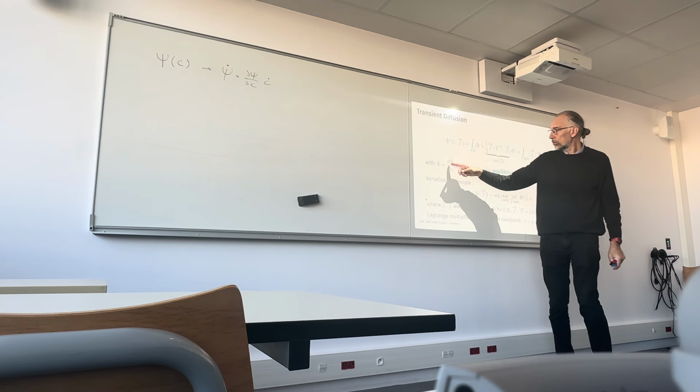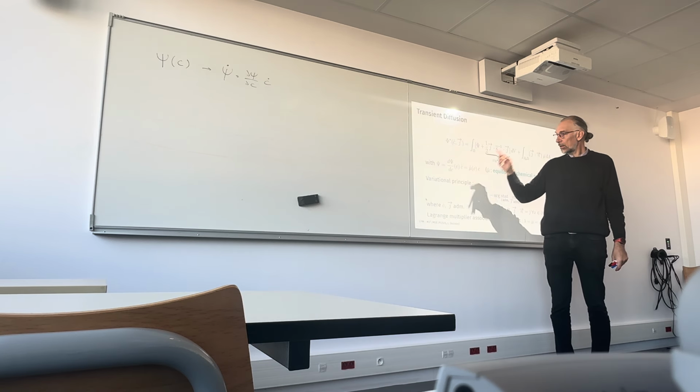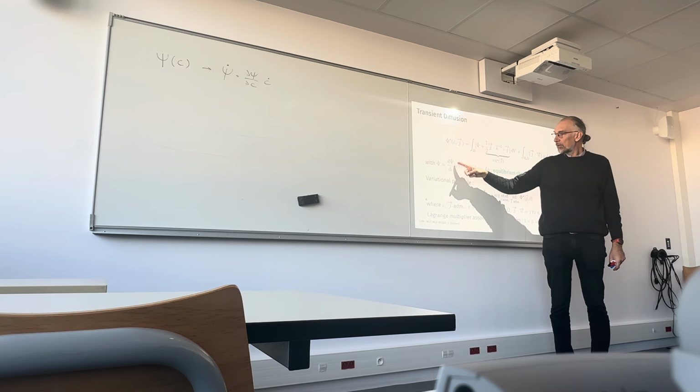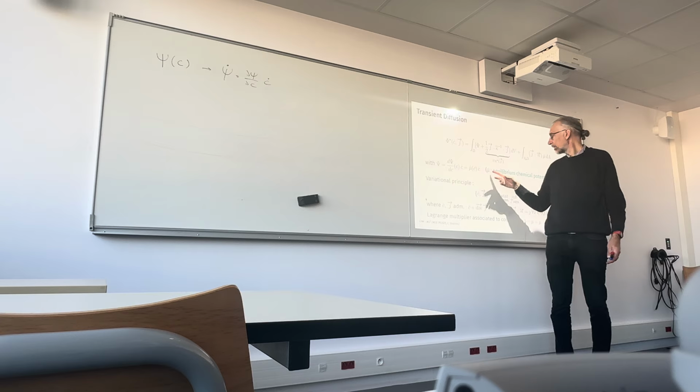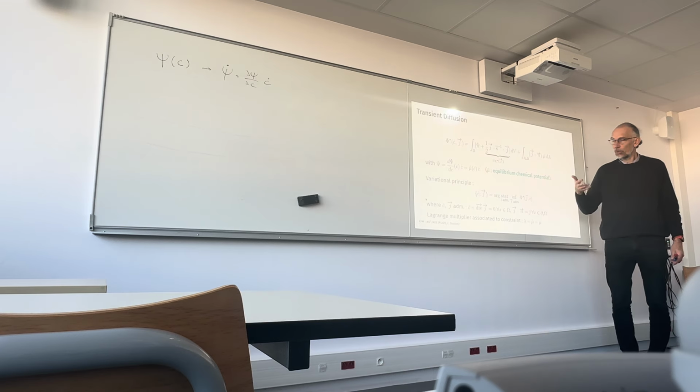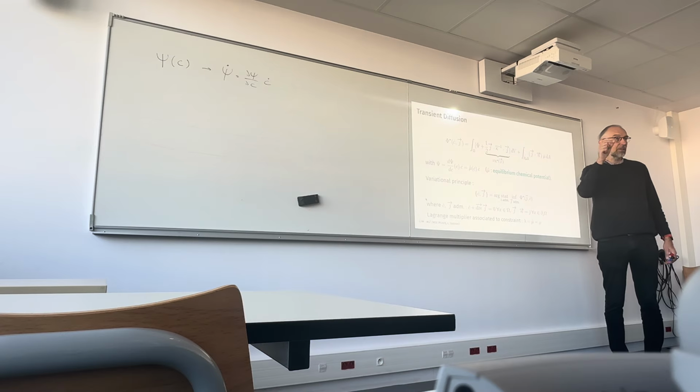And if I give you this C, the derivative with respect to C gives you the chemical potential associated to the C, in an equilibrium situation, and that's what we will consider here. We will consider that it's locally always in equilibrium. We could make it more complicated.